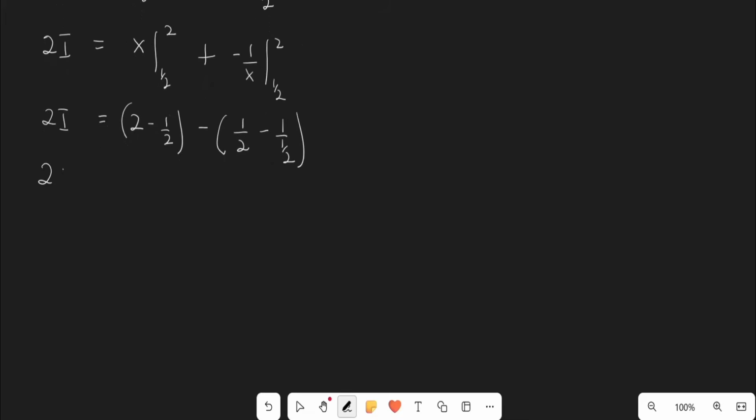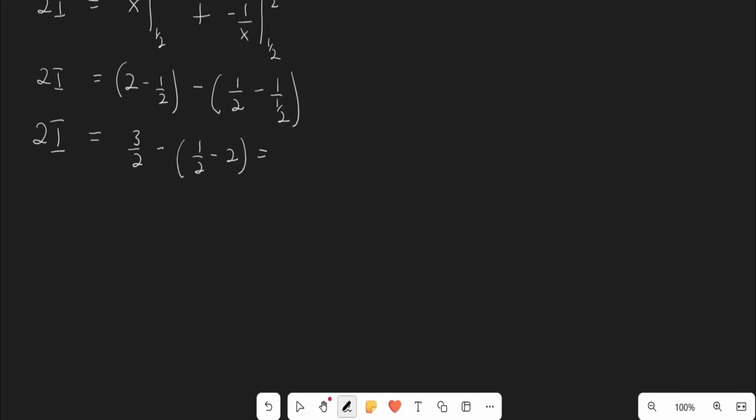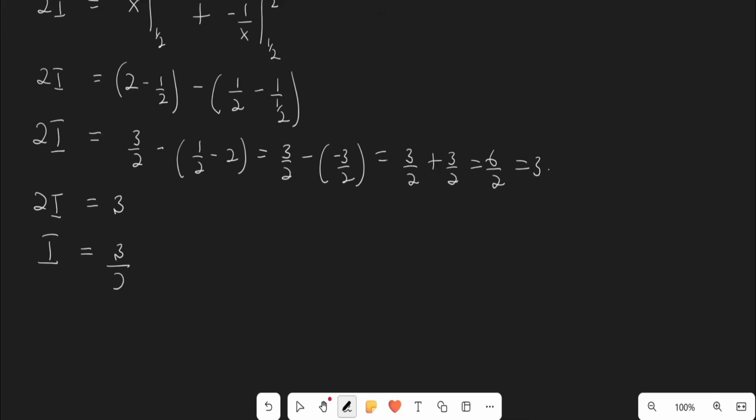So 2I is equal to 3 over 2 minus, 1/2 minus 1 over 1/2 is 2. And this is equal to 3 over 2 minus 1/2 minus 2, which is negative 3 over 2. And that is equal to 3 over 2 plus 3 over 2, which is 6 over 2, which is equal to 3. So 2I here is equal to 3, implying that I is equal to 3 over 2.